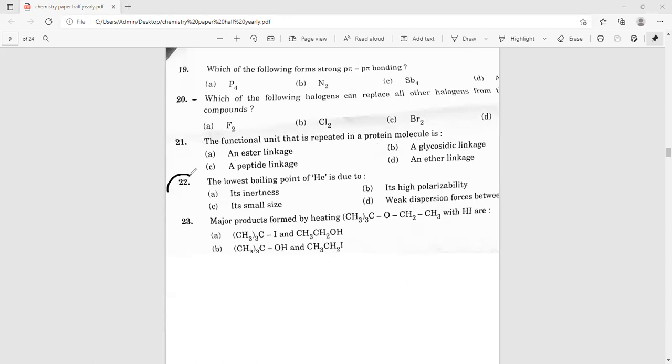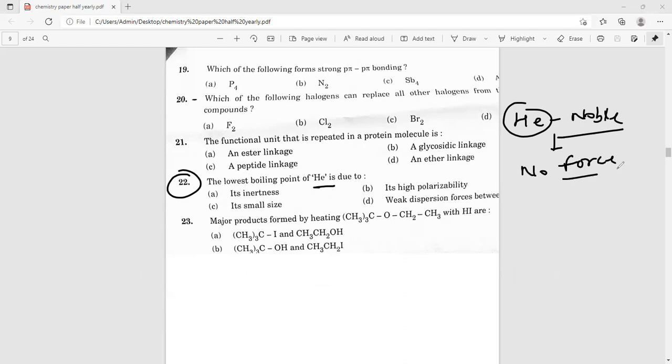Question number 22. The lowest boiling point is of helium. Helium is a noble gas, and there is no type of force there. No force exists, so this is non-polar.